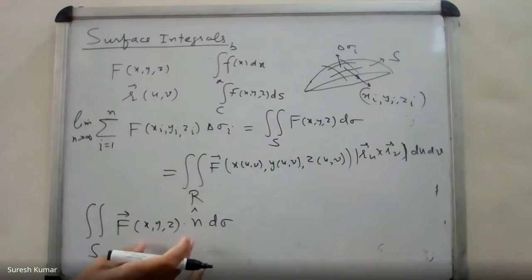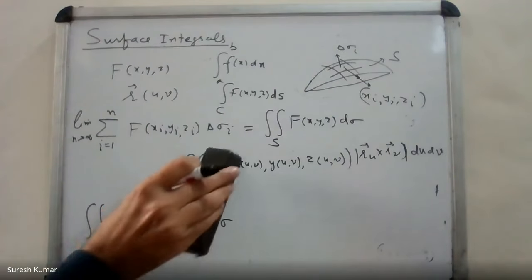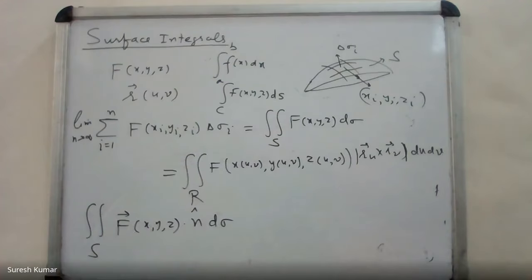Once you take the dot product of these two vectors, you have a scalar field, right? Yes, but it is a vector field, okay? So I was saying that when you consider the dot product of these two, what do you get? A scalar field. So you can apply the same approach to solve it. Alright?